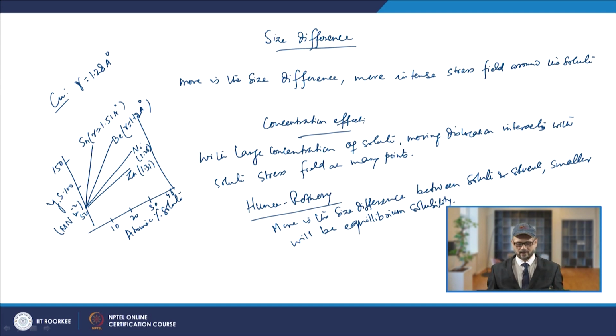That gives an effective hindrance to the movement of dislocations, and that way you achieve the strengthening effect in steel. So you see the effect of solid solution strengthening in materials to be very effective, and it is a very important way to have strengthening in many alloy systems.